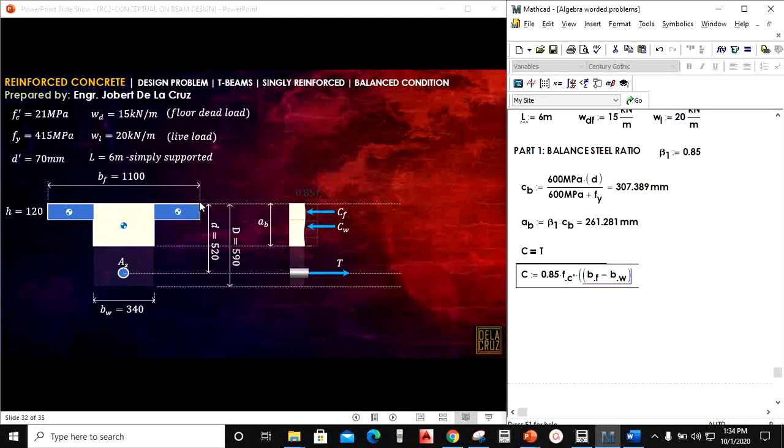Then, i-multiply ko siya by the thickness para maging area. And of course, plus this area of this web. That is just beam W, or beam width, times the area balance, since we are here in balance condition. Okay, klaro? And ito yung ating C, total compression of the concrete, and that is newtons yung lalabas dyan. I will just convert this one to kilonewtons. Okay?